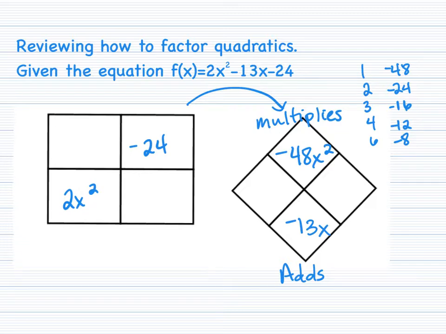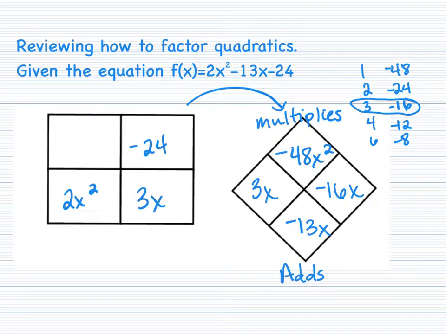So then we add all these pairs together: 1 and negative 48, 2 and negative 24, 3 and negative 16, and 3 and negative 16 is the one that works. So 3x and negative 16x. And those go into our empty boxes. Doesn't matter which goes where.